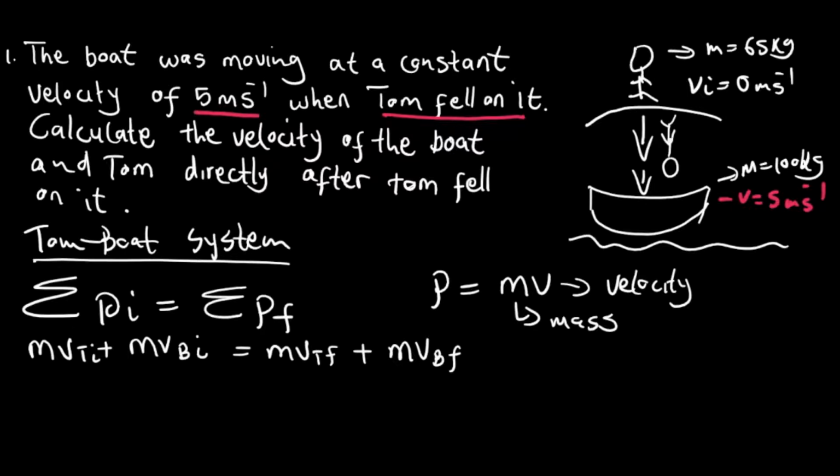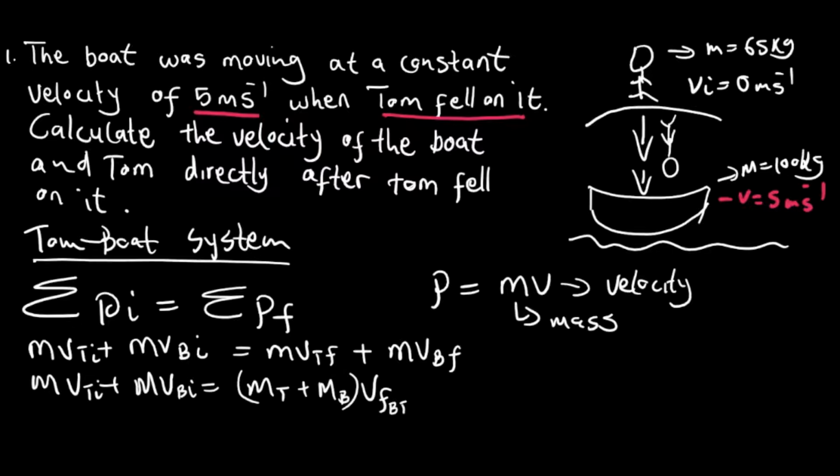So what you need to note is that after Tom has now been inside this boat, he and the boat become one system, meaning that they will have the same velocity. So it's important that we combine these two here. So that's what you're going to do. Just going to factor out the velocity. So we're going to have m_T v_Ti plus m_B v_Bi is equal to m of Tom plus m of boat, all times the velocity final of both the boat and Tom, right?